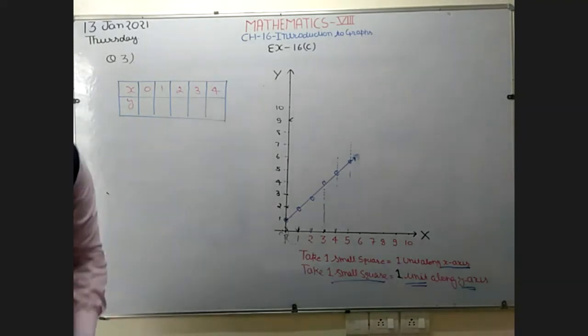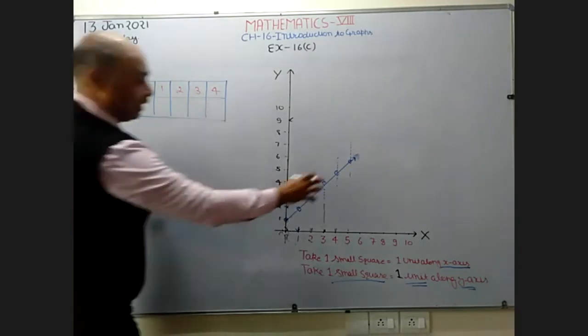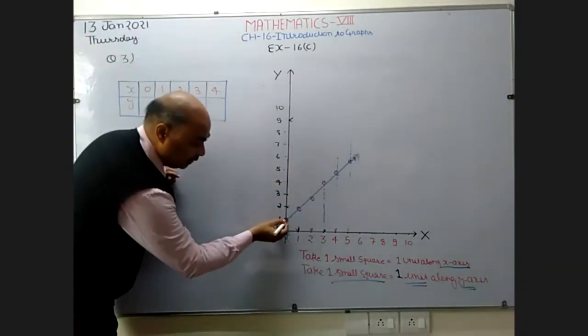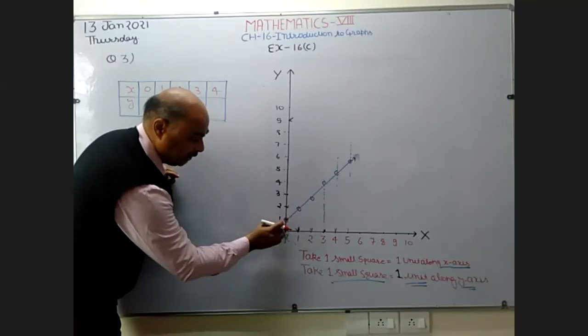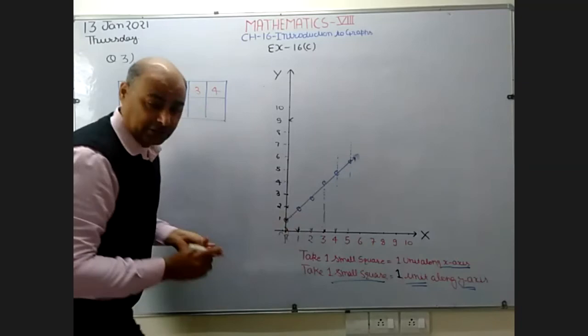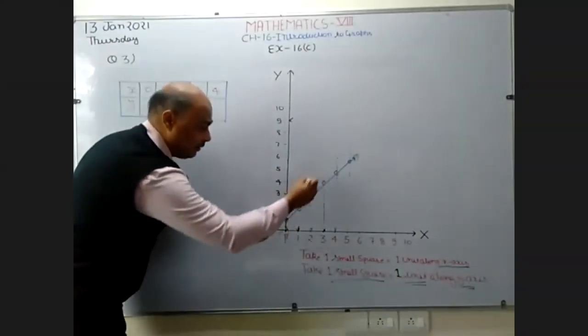Now see on the board. With the help of this graph, I want to complete this table. What are the coordinates of this point? Who will tell? I want to ask one by one. Raise your hand if you know the answer. I name the points on the graph.